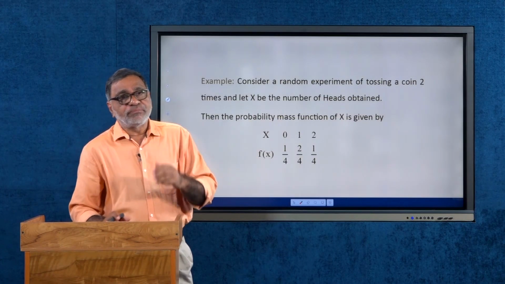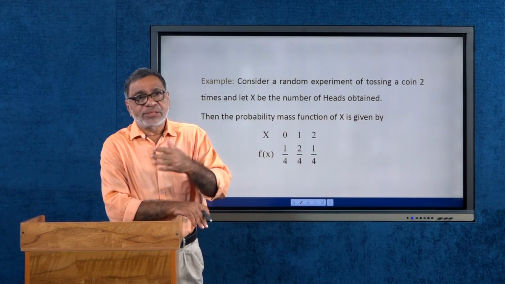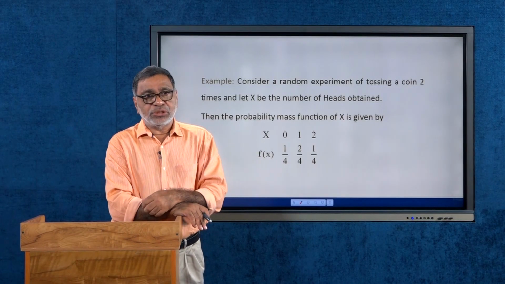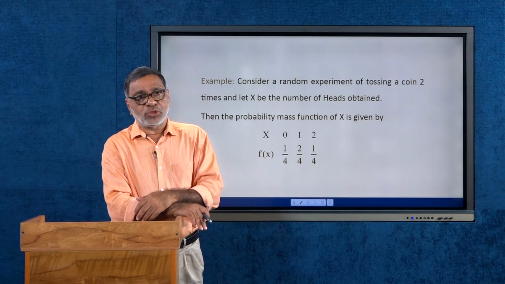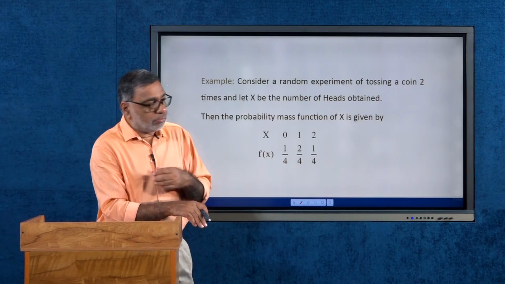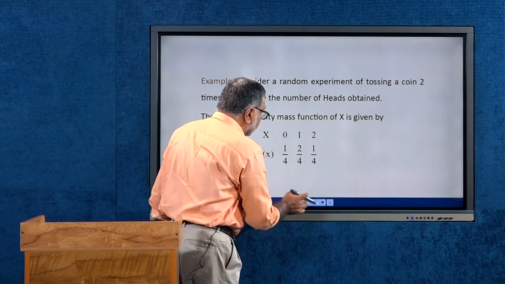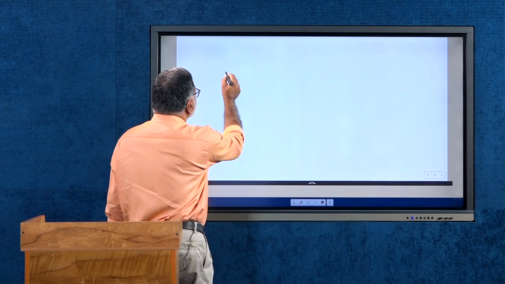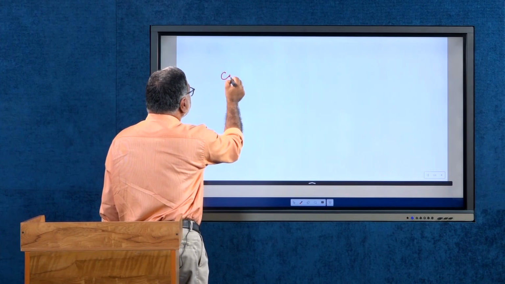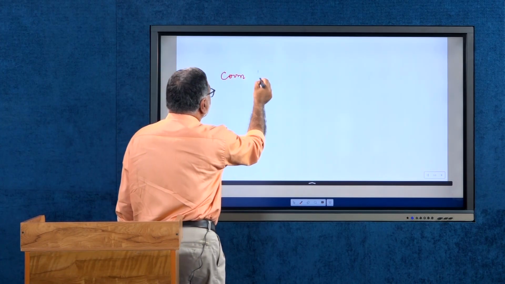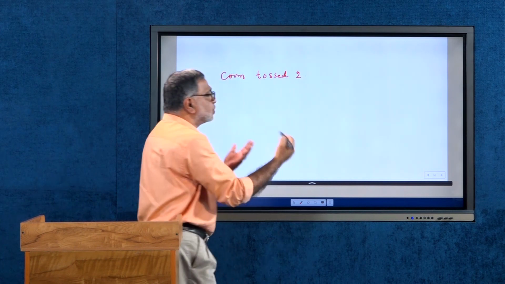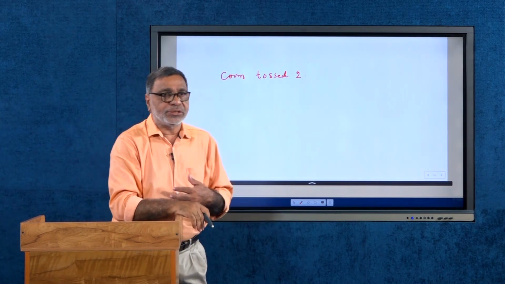For example, earlier we discussed a random experiment of tossing a coin 2 times, and x is the number of heads obtained. Suppose 2 coins are tossed simultaneously.